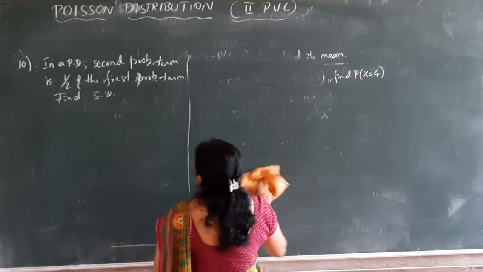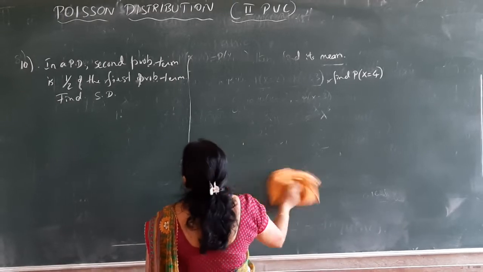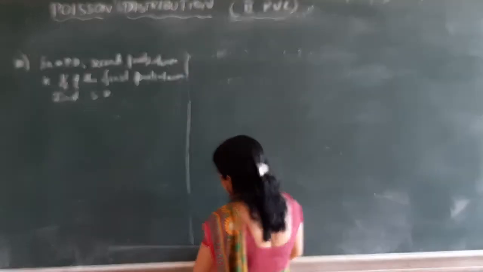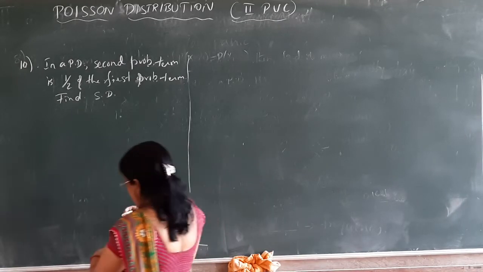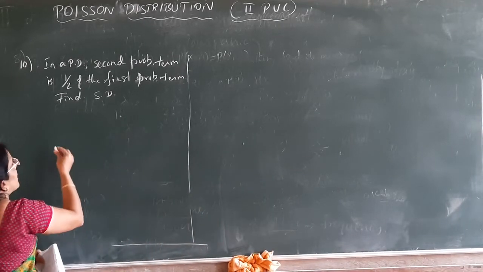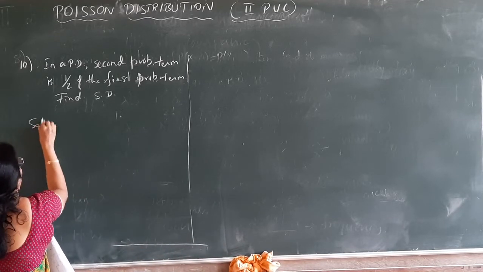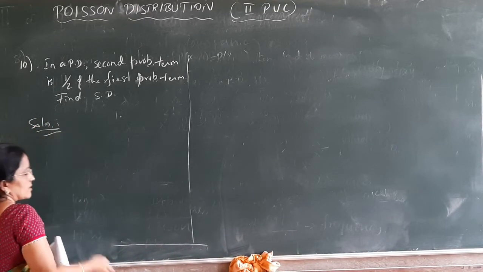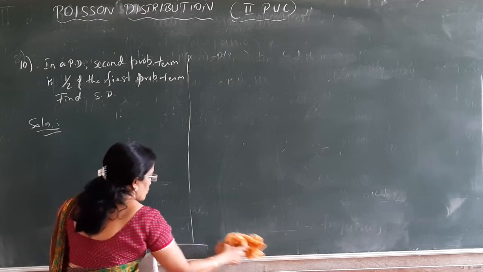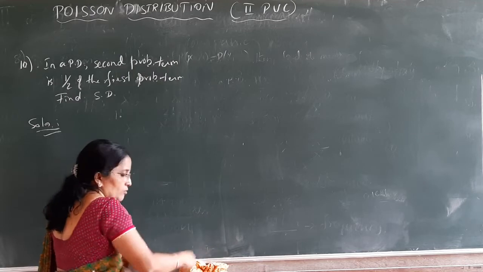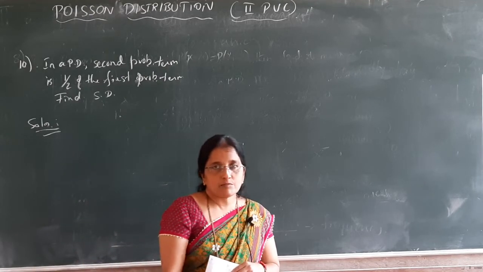Which information? The second probability term is half of the first probability term. Now what is the second probability term? In a probability distribution, the first probability term is P of x equal to 0 in a Poisson distribution, right?